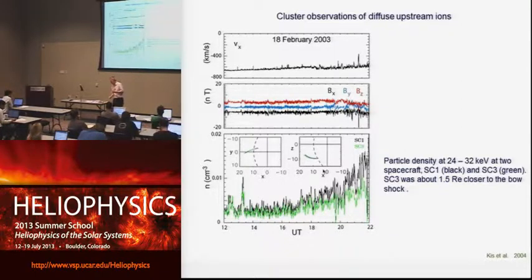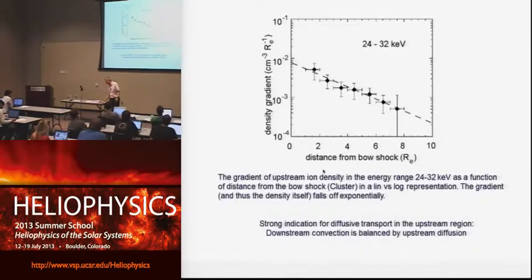If you take two spacecraft at a certain distance away from each other, you can look at the relative magnitude of the particle intensity, and you can work out that the fall-off in density corresponds to the exponential fall-off that you would expect from diffusion.